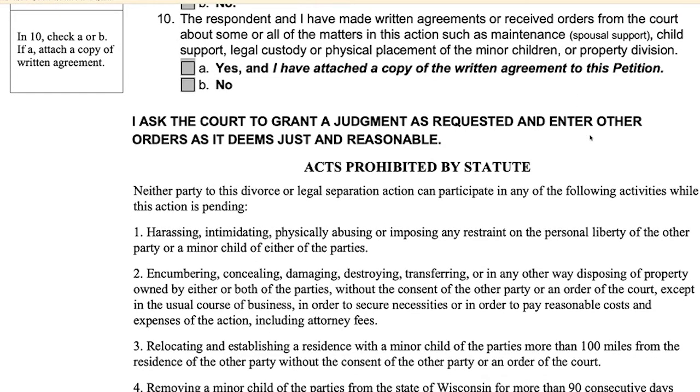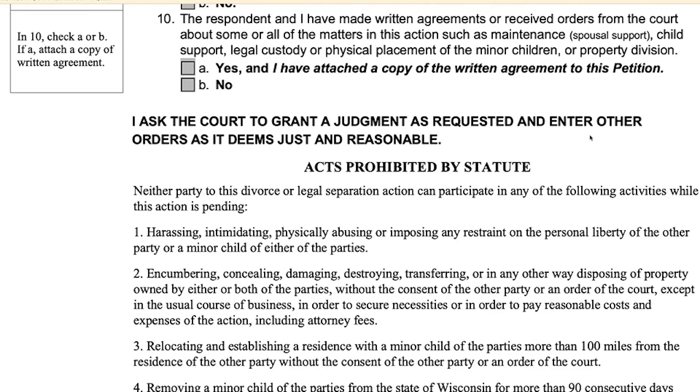So number 10 is a really important question. The court likes it when parents come to their own agreements because they just find that it's a lot more livable for everyone. And, you know, people tend to enjoy sticking to an agreement that they had a hand in making as opposed to just having someone else tell them what to do.